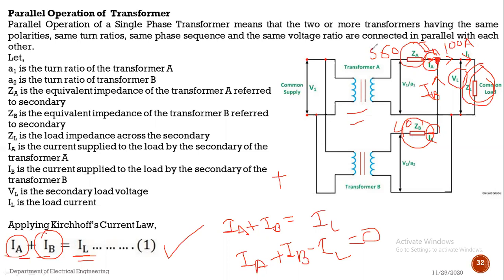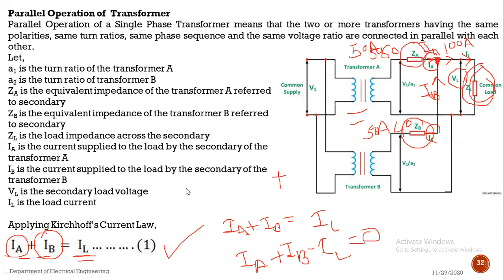If the kVA rating is the same and the percentage impedance is the same, ZA, ZB जर same असेल, it will flow a current of 50 ampere from transformer A, 50 ampere from transformer B. So this current share is nothing but load share. Current share करतंय, याचा अर्थ काय? It will share a load.